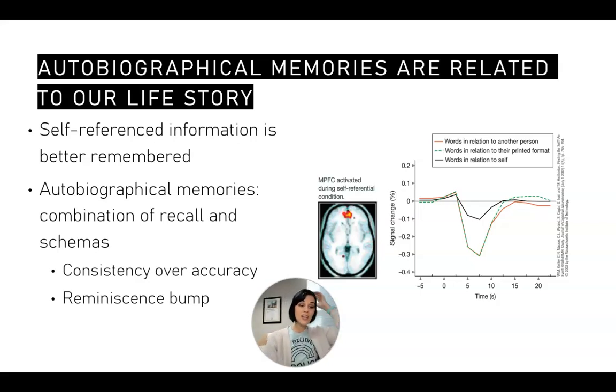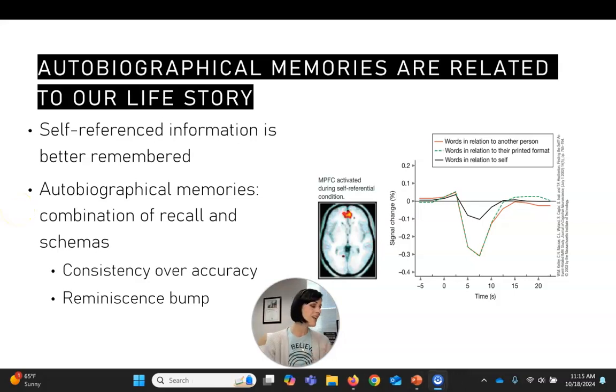One of the things that comes up in your McRaney reading in You Are Now Less Dumb, one of the chapters I had you read, is The Illusion of External Agency. And this relates to our understanding of autobiographical memories because we are using both recall, but we're also using schemas about how we think things should go.